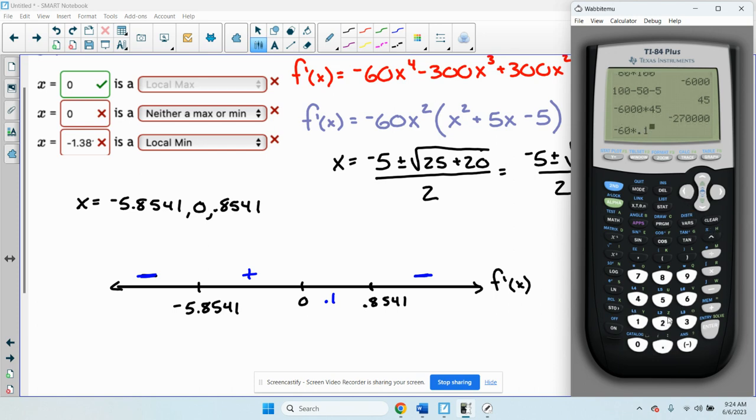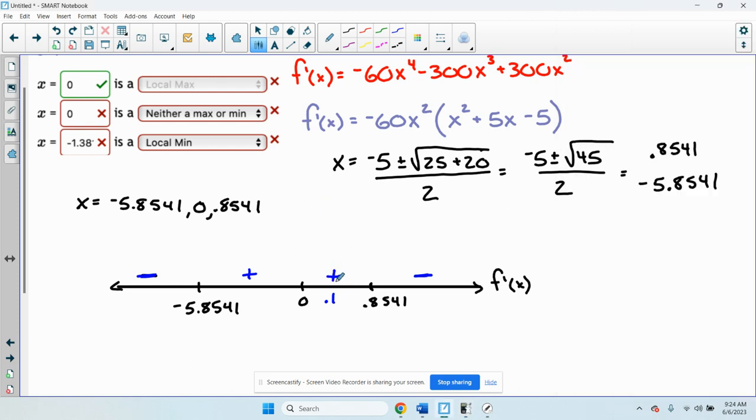Nope, squared. There we go. And then I'll do 0.1 squared plus 5 times 0.1 minus 5. So I have a negative times a negative. That's going to give me a positive result.